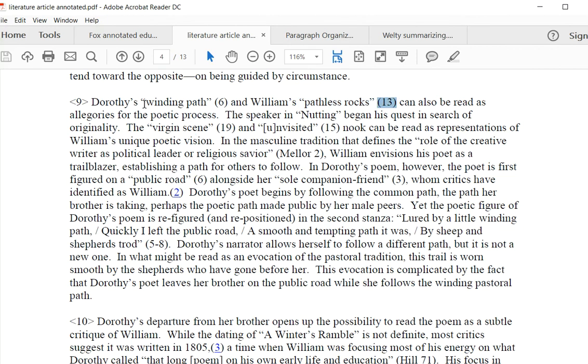What that is referencing is that these are the words from a line of poem, a line of the poem that Dorothy wrote, and that's line 6. Pathless Rocks is a quotation, quoted words from William's poem. In fact, it's from line 13. Okay, so when you're referencing literature, if you're writing about poetry or plays, then you have line numbers.